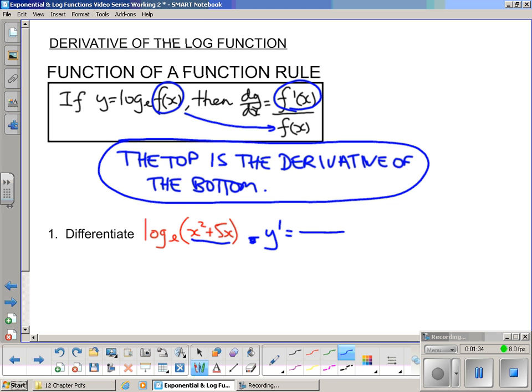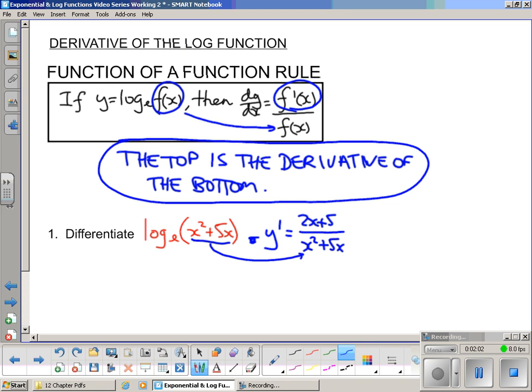Now I may as well put this function down the bottom straight out because it's going into the bottom section straight from there. Now I'll take the derivative of that and put it on the top. So the derivative of x squared plus 5x is 2x plus 5. And we're done. There are more complicated versions than that, but that's the basic idea.